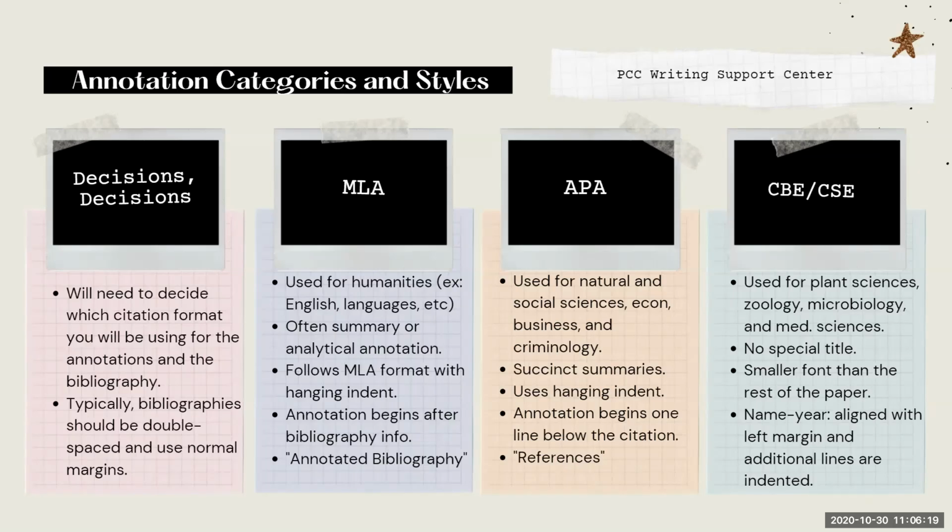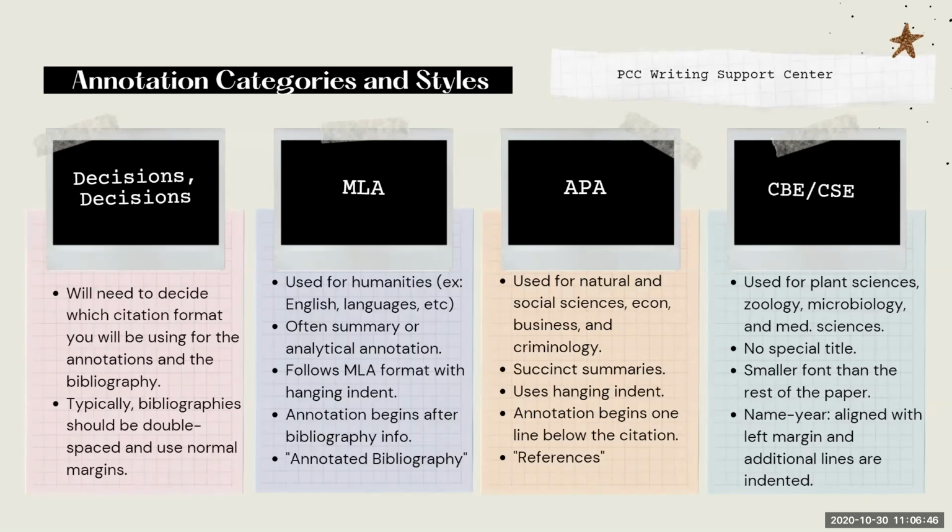This is an annotation style that is primarily used in humanities, such as English, languages, etc. These annotations will normally be summary or analytical annotations, and we will talk a little more about what those specifically entail in a couple of slides. It follows MLA format with a hanging indent.